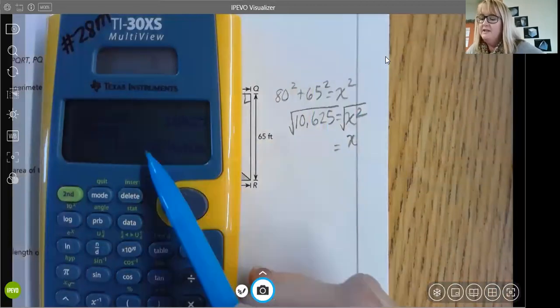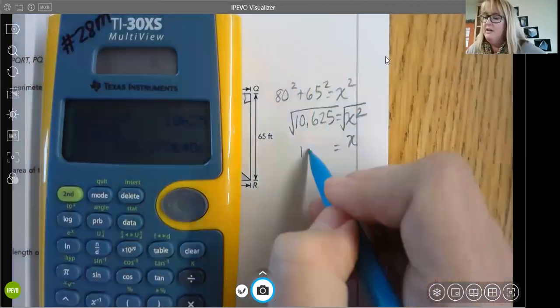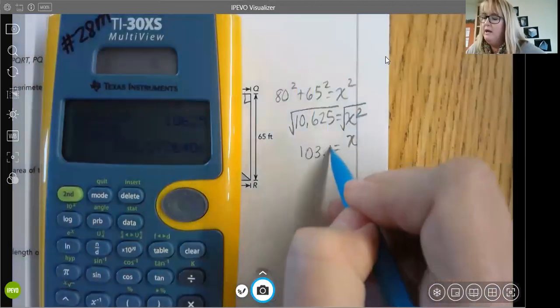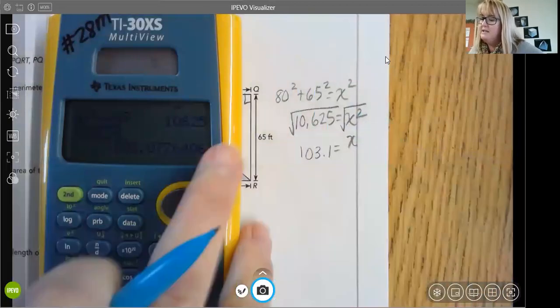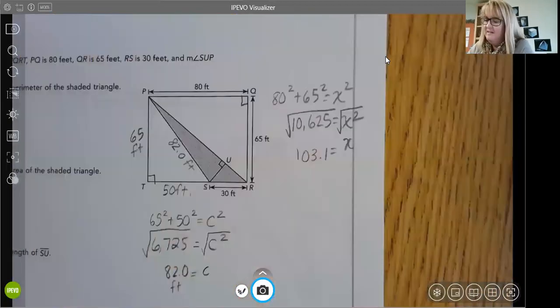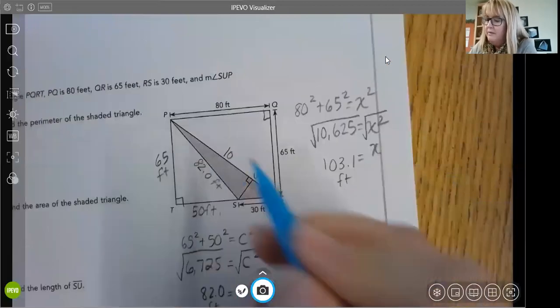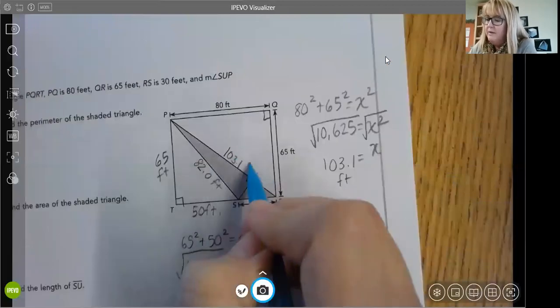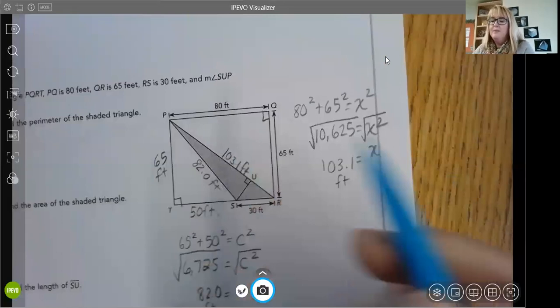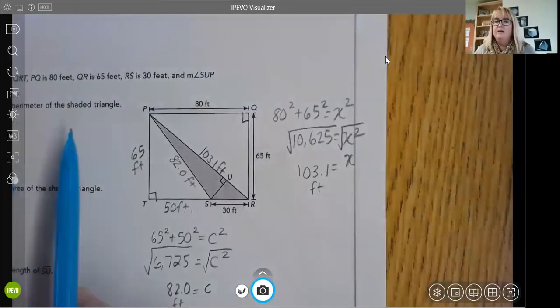That's 103.077. We're rounding to the nearest tenths place. The 7 says make that 0 a 1. So it is about 103.1 feet. All right, the perimeter of the shaded triangle.